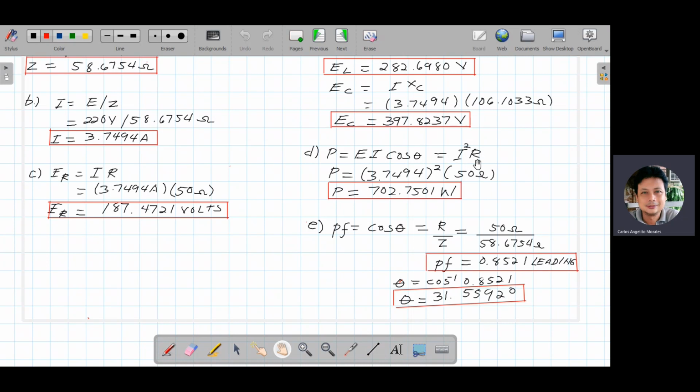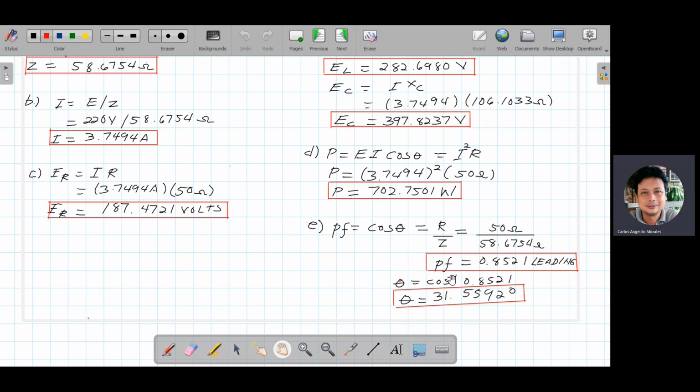Power is EI cosine theta. Or so also, pwede mo rin siyang tawagin na I squared R. So, the power is 3.7494 squared times, ginamit ko itong formulang to, no? 50 ohms. Nakakuha tayo ng power na 702.7501 watts. Ang power factor is cosine theta, R over Z. So, 50 ohms divided by 58.6754 ohms.